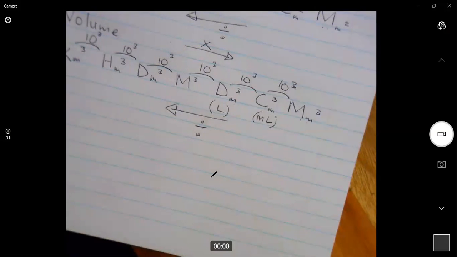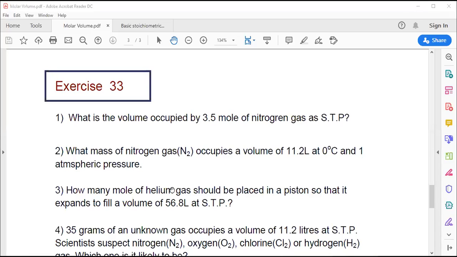Number one, what does it say? What is the volume occupied by 3.5 moles of nitrogen gas at STP?